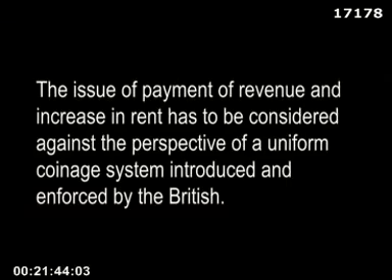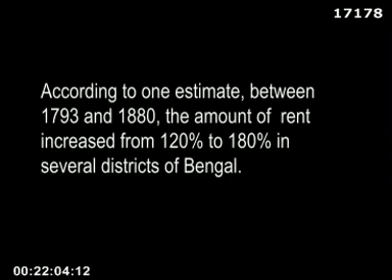Gradually, it became the general feature. And the question of payment of an increase in rent was to be appreciated against the perspective of a uniform coinage system also. The British did that, so a uniform coinage system came. That was to be accepted as the sole medium of exchange in course of time.